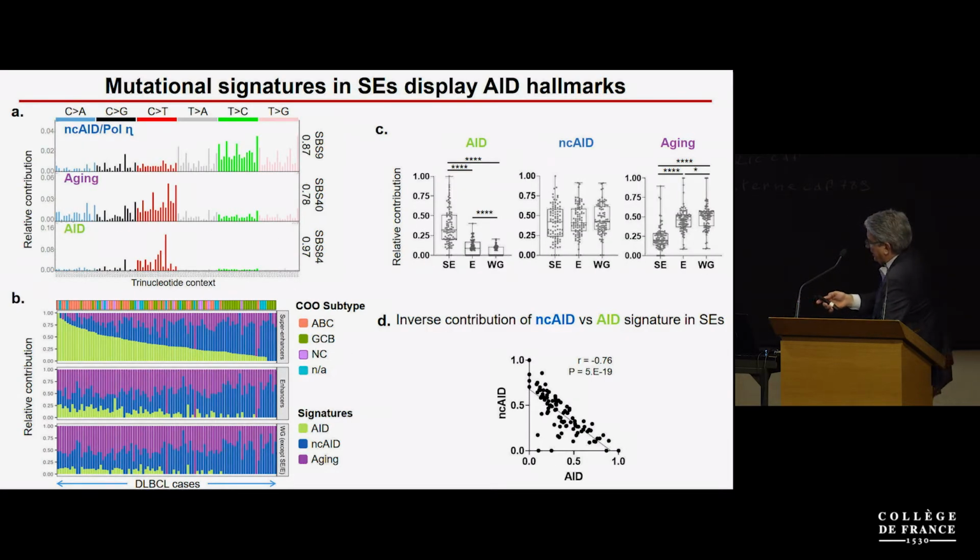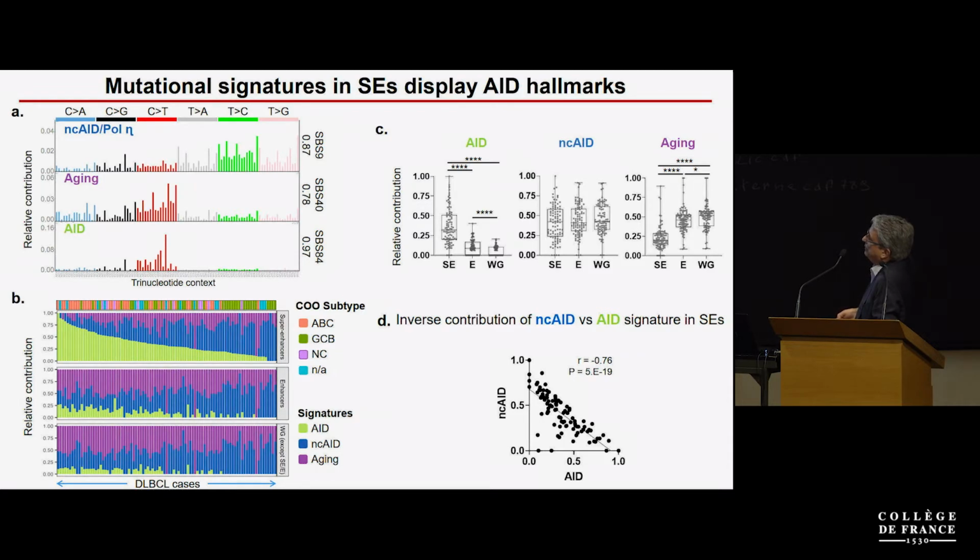Now, this is, again, as we expected, AID determined, so activation-induced deaminase hypermutation phenomenon, and we look at the signatures in this tumor. In fact, the classic AID signature and the non-classic AID determined, probably the Pol eta signature, are the two major signatures that seem actually to be mirror images of each other.